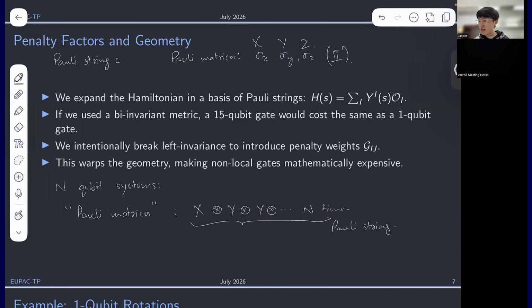So we can recast our Hamiltonian in terms of these Pauli strings. Here O_i are the Pauli strings, we now call them strings, not matrices, and Y^i(s) is some weight function of each Pauli string that depends on where we are in the manifold.